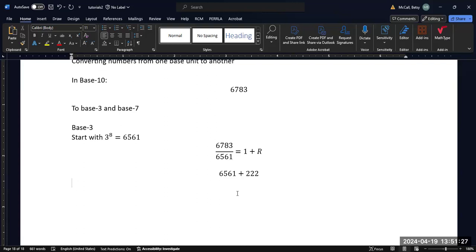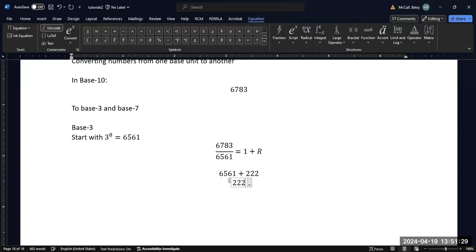222 divided by 81 is going to be 2 plus some remainder. So again, we basically have 6561, which is our 3 to the 8th.